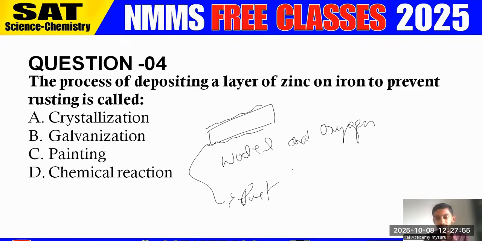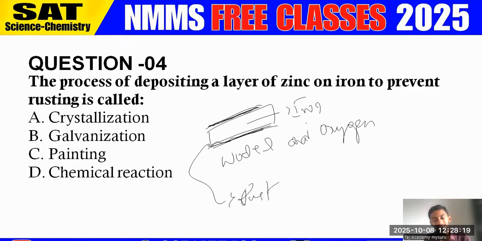That is nothing but your Fe2O3, which is given in your textbook. So to prevent this rusting, we coat a layer of zinc around the iron. So why do we have to keep that zinc? To prevent the process called rusting.